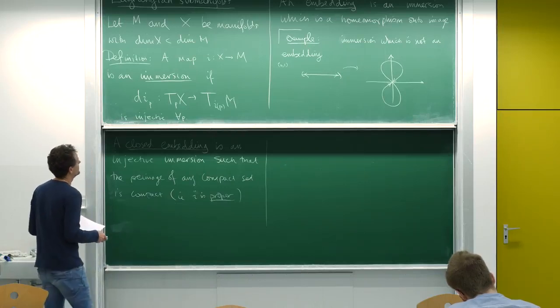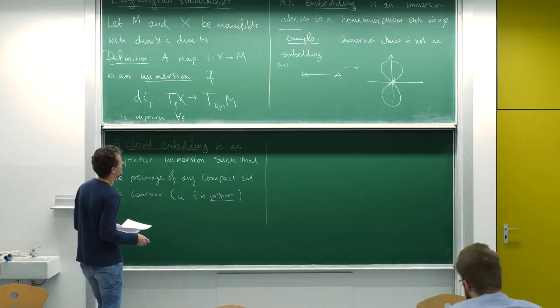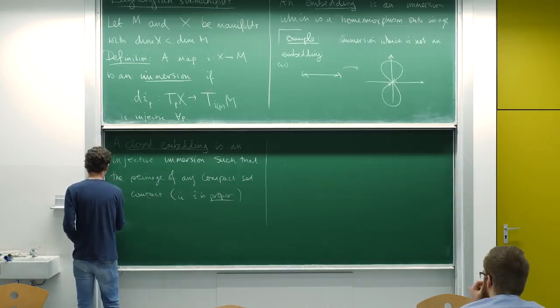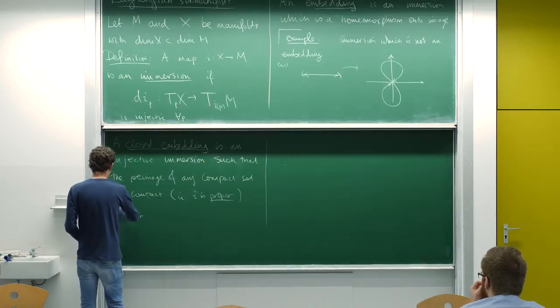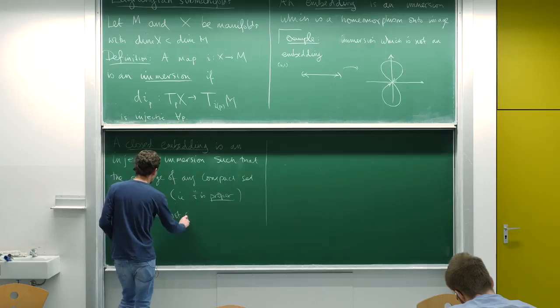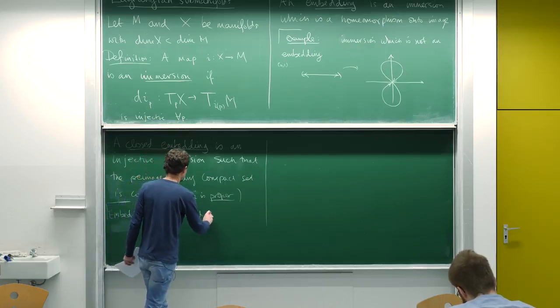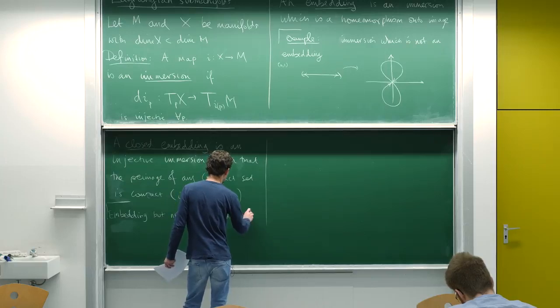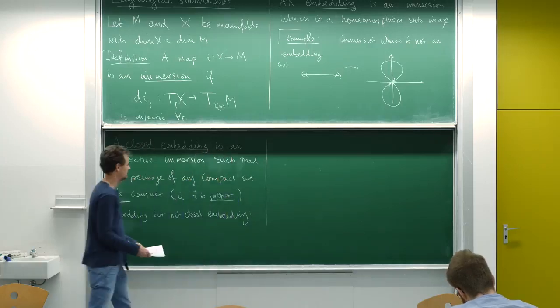So let's give an example of something which is an embedding but not a closed embedding. What is such a thing?